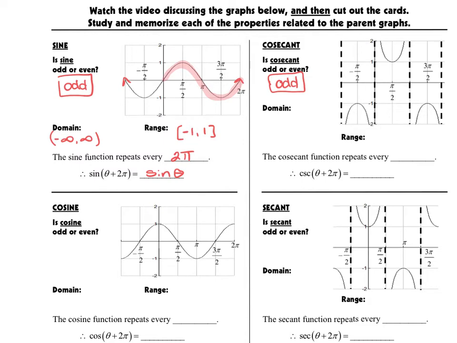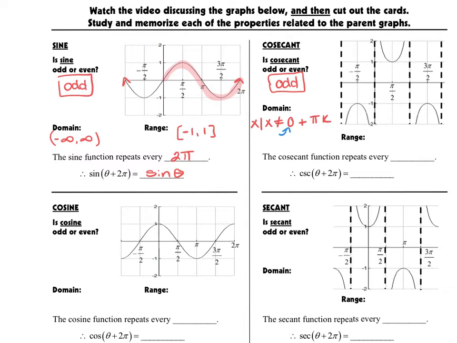Because it has all of these asymptotes, when we express the domain, it's going to look a little different. We're going to write the domain as x such that x is not equal to. We want to identify those asymptotes. So we're going to say 0, where the first asymptote is that we can see, plus pi k. Now, we're going to do a lot of practice with this later.